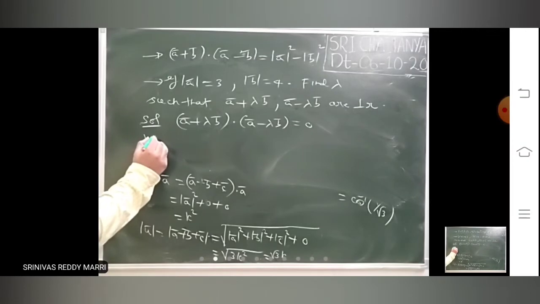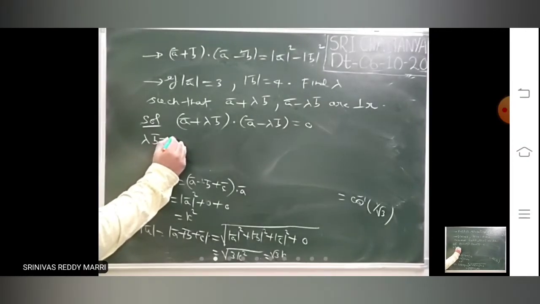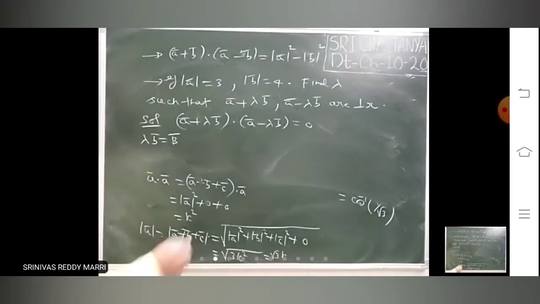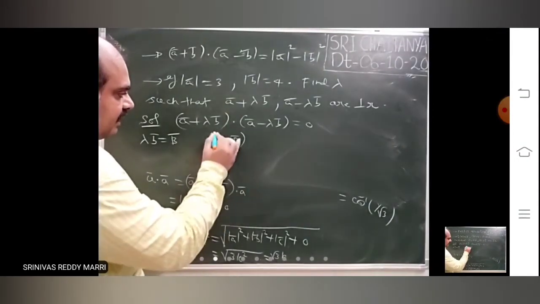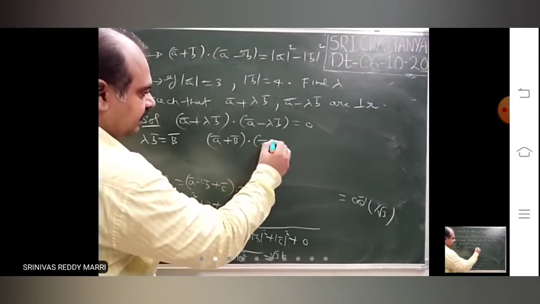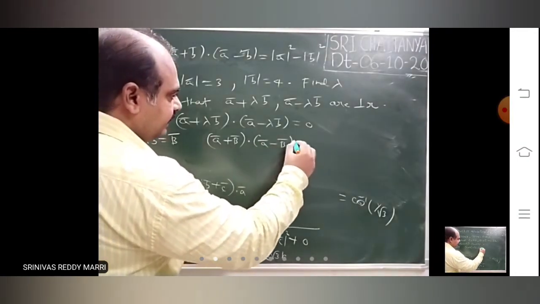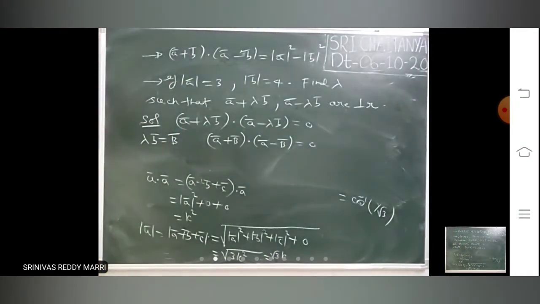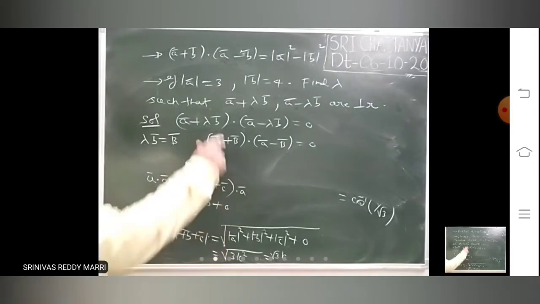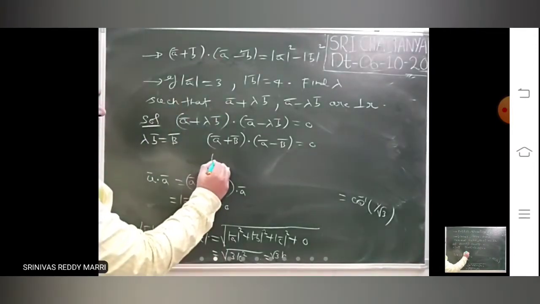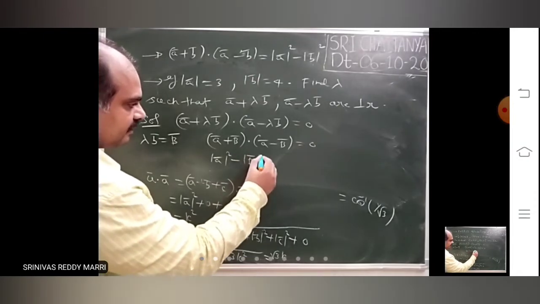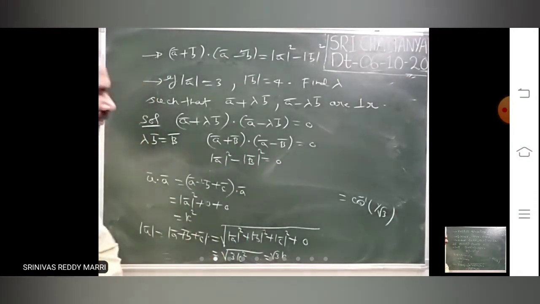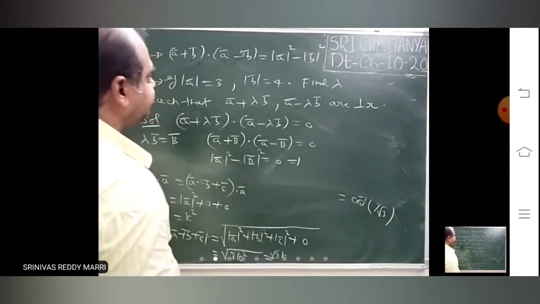Now for convenience, lambda b bar equals b bar c. So a bar plus b bar dot a bar minus b bar equals 0. That is modulus a bar square minus modulus b bar square equals 0.